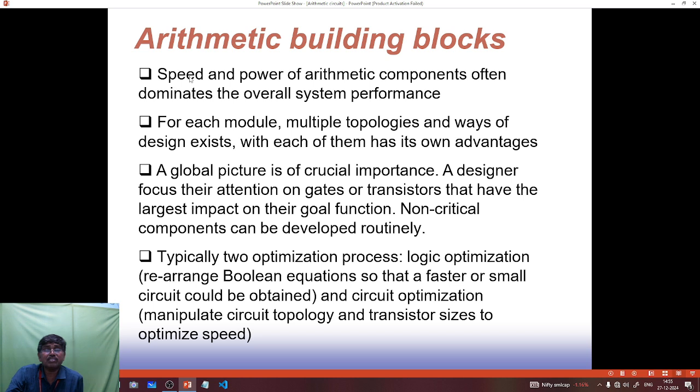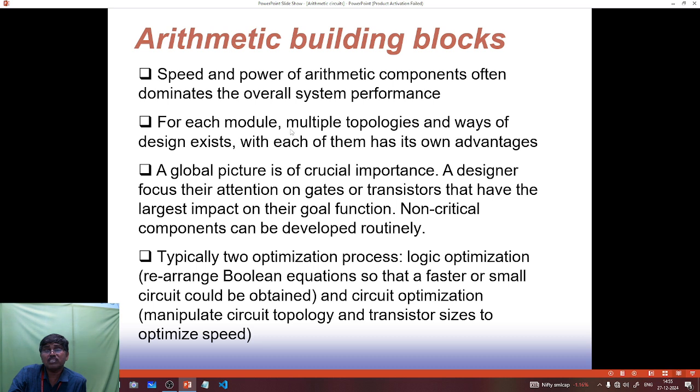Power consumption is the main factor when analyzing a system on chip. So speed and power are the two criteria for analyzing the arithmetic building block, and they dominate the overall system performance for each module.